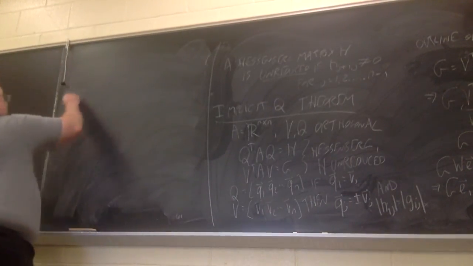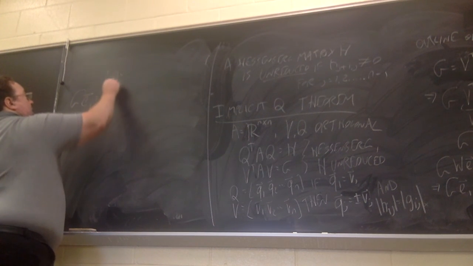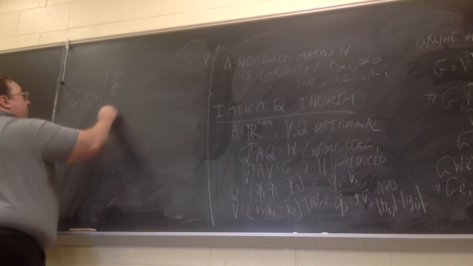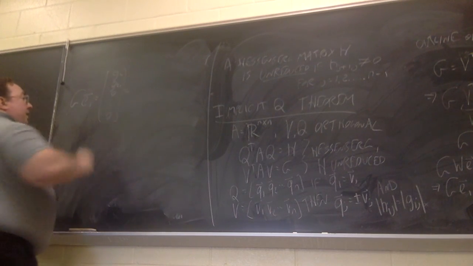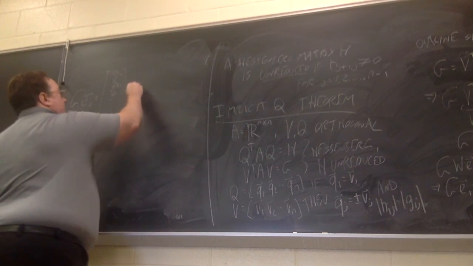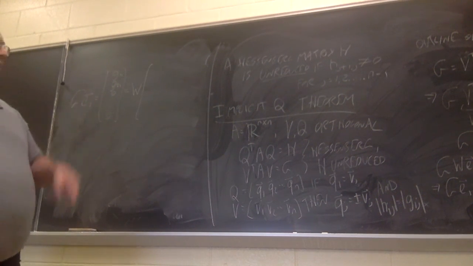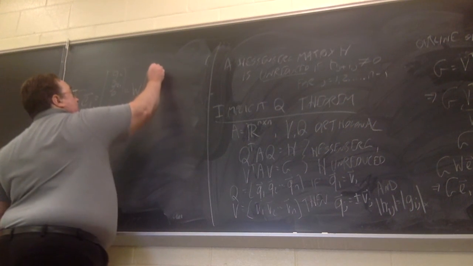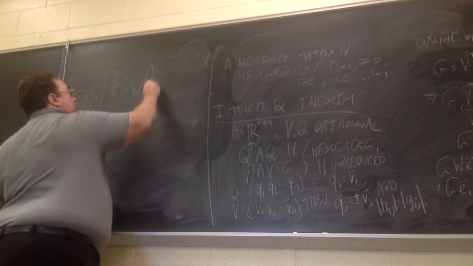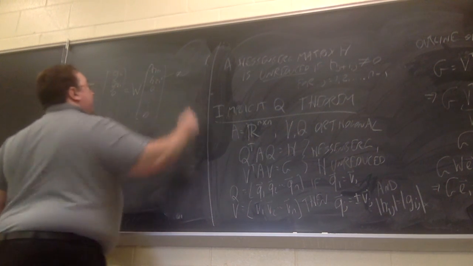So GE1 only has G11, G21, rest zeros. And WHE1 is equal to W times the first column of H, which is H11, H21, zeros. And I know that that's non-zero.